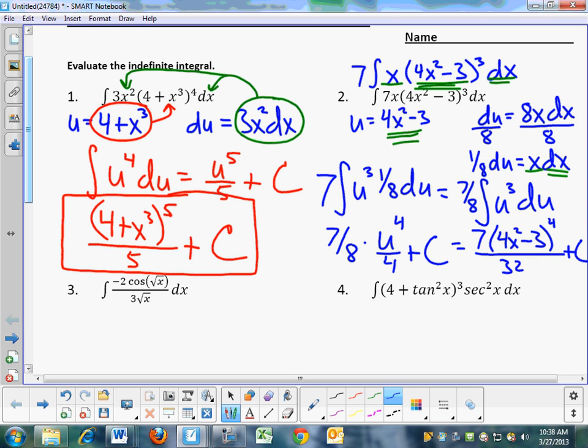So how about we pause right now, because this will be a good spot. I'm just going to give you a problem, and I want you to see if you can find the antiderivative on your own. Flip your sheet over. You've got room to work on the back side.